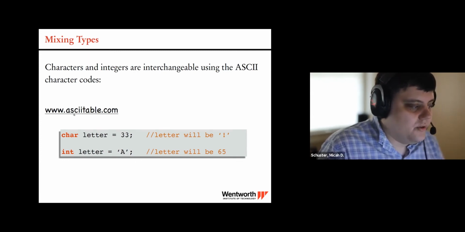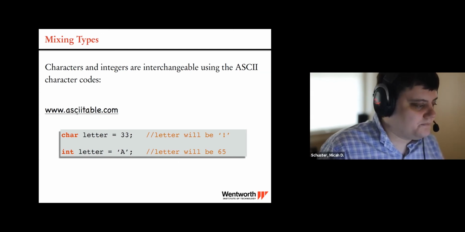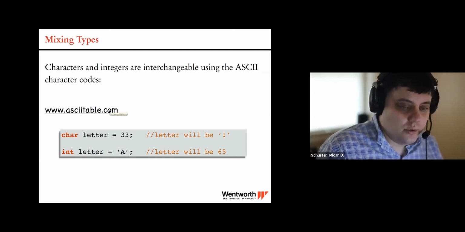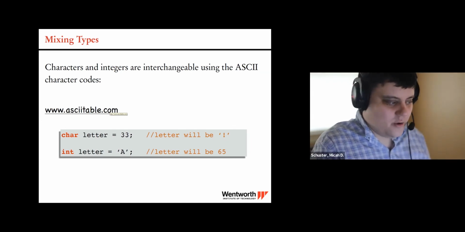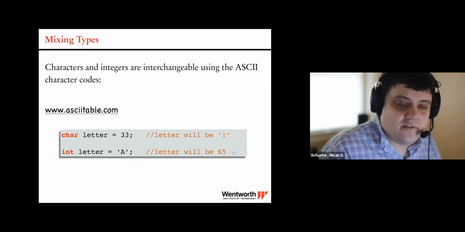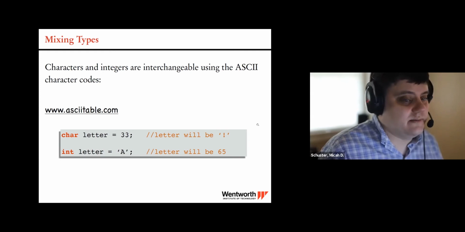This is all through the ASCII table, which I'll probably do a little bit more with once we start doing some character things with our actual homeworks. But this ASCII table will show you what the letter is and what its decimal value is. So a capital A is 65 in an int. So characters and integers are actually interchangeable, which is kind of cool.